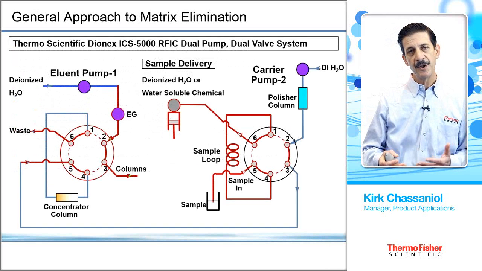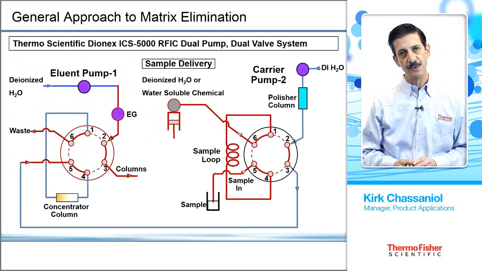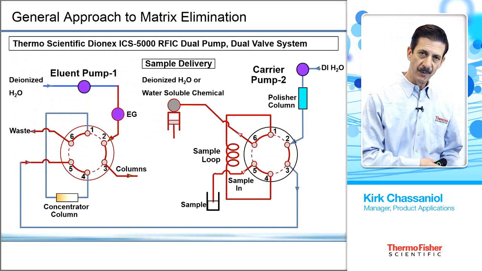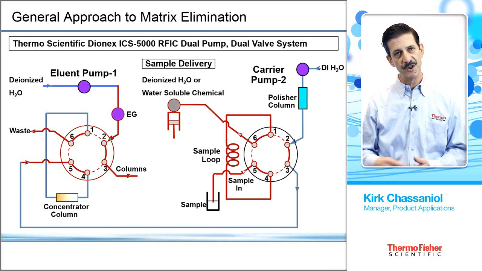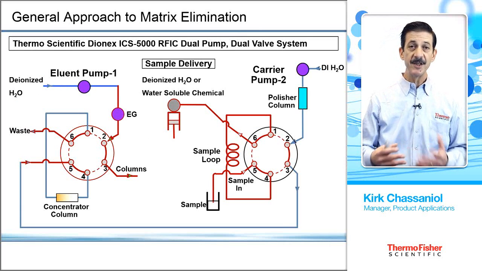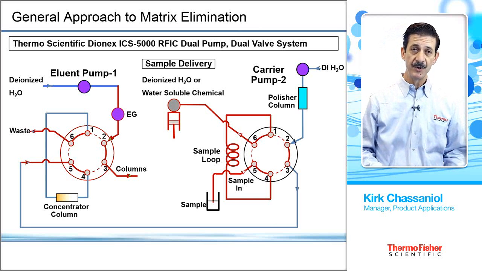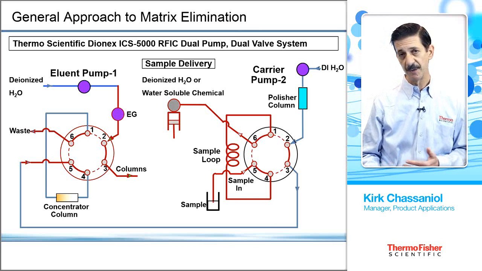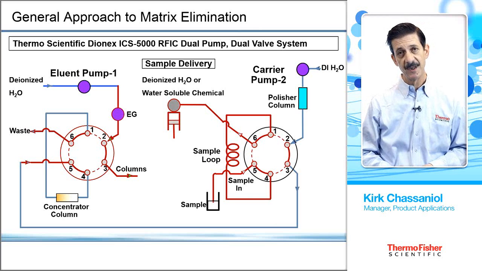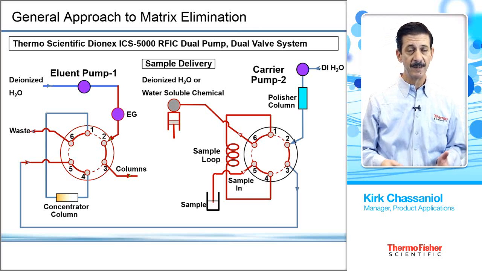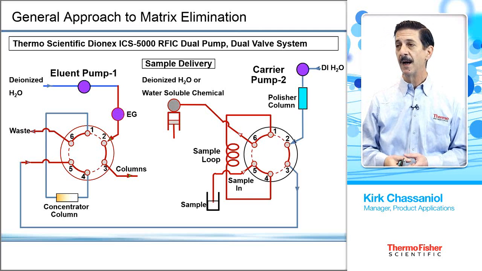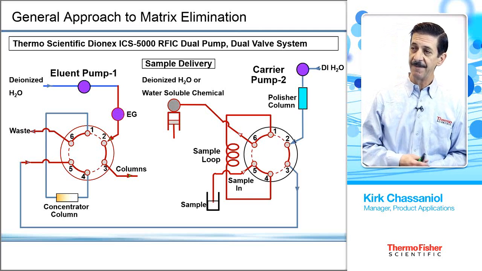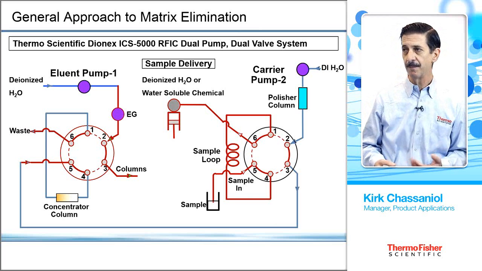I wanted to show you the technique that we use for matrix elimination. And this is what we'll be talking about when we talk about sample enrichment with the combustion IC. So this is a general technique that's widely used in the semiconductor industry for determination of ions in various solvents, various matrices that we may not necessarily want to inject onto our column. In this case, we fill a large loop with our sample.